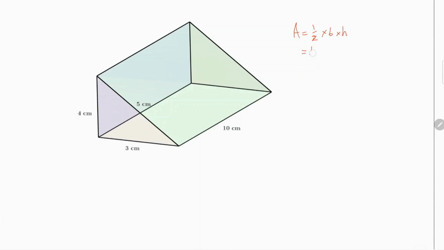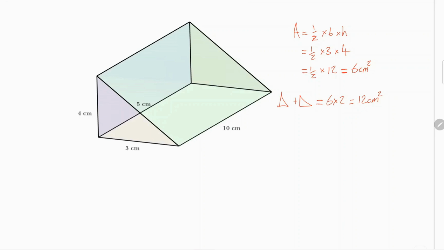So we end up with half times, the base is 3 and the height is 4, which equals half times 12. 3 times 4 is 12. Half of 12 is 6 centimeters squared. We have two triangles, so we're going to say the area of the two triangles equals 6 times 2, which is 12 centimeters squared.